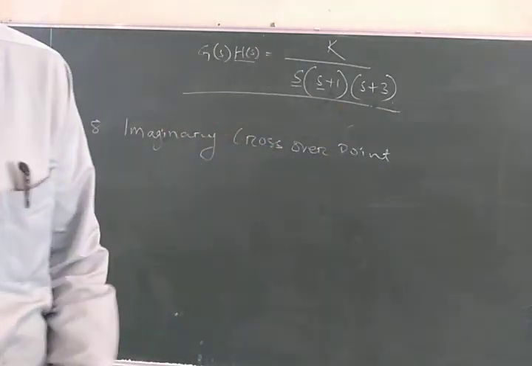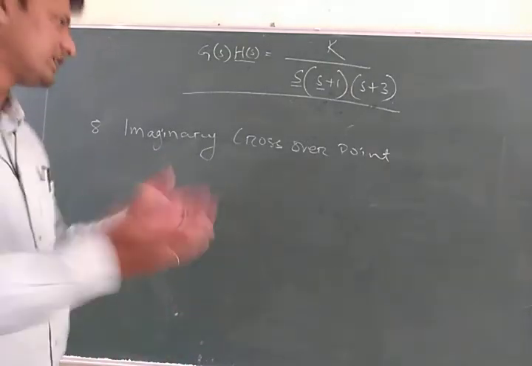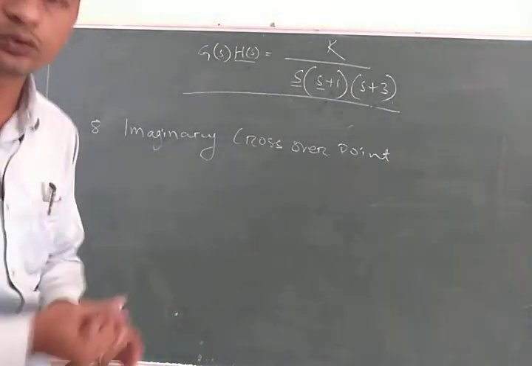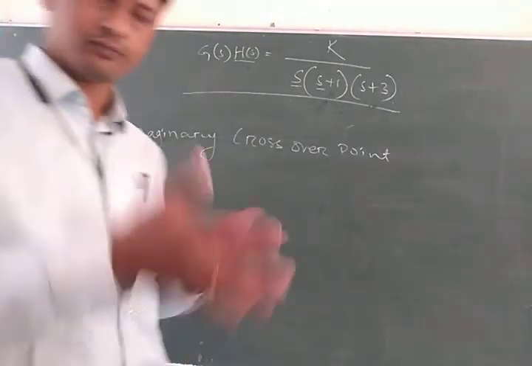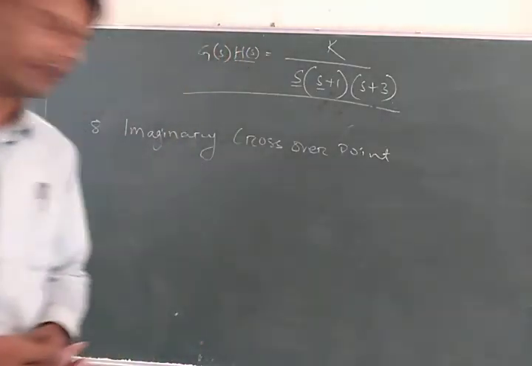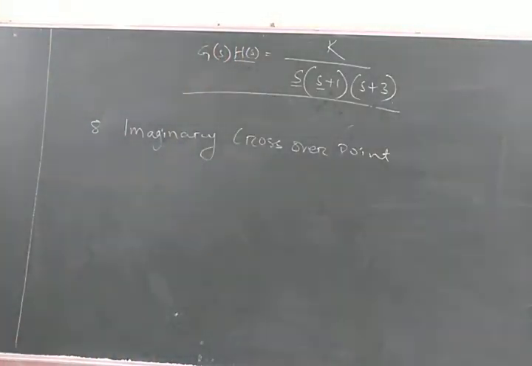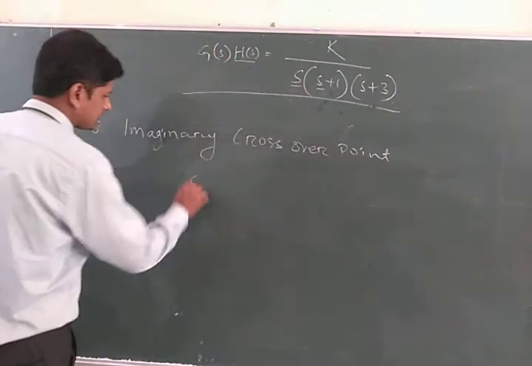The imaginary axis crossover point is found from the characteristic equation using the Routh array which we have studied previously.